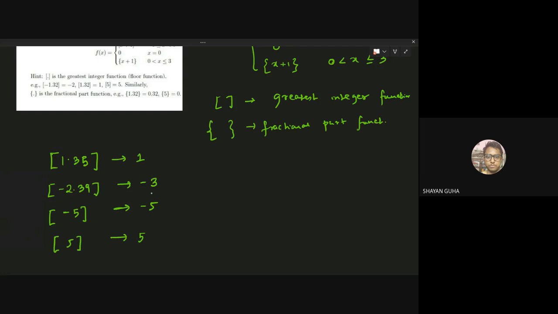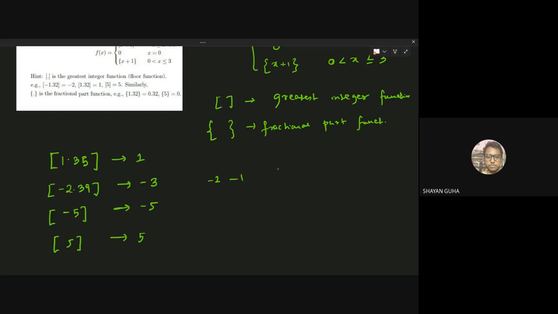No, it won't be. Because in this case, what happens when the value is negative? It takes the minus 2 and adds a minus 1 to it, so it becomes minus 3. For any positive number, it takes the integer part.